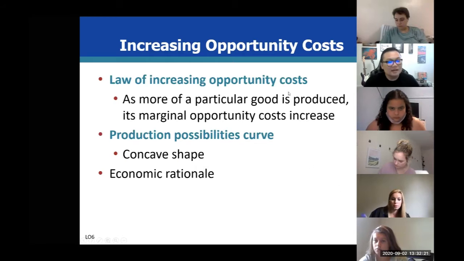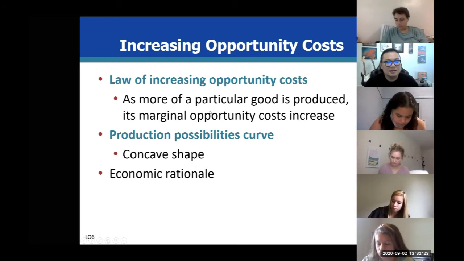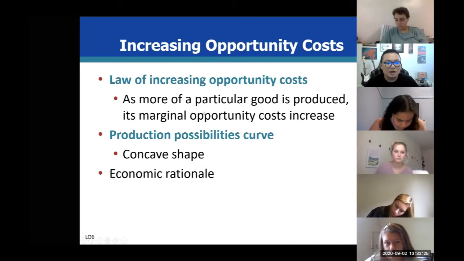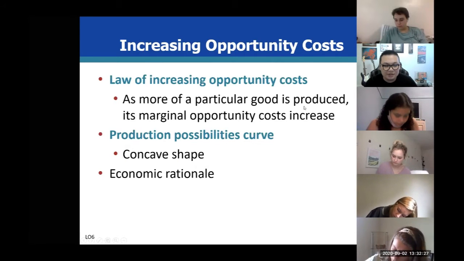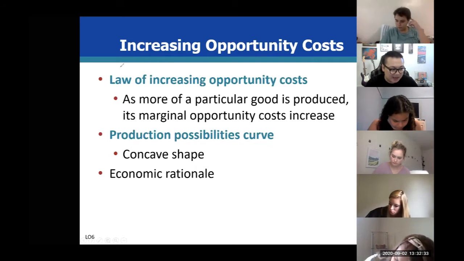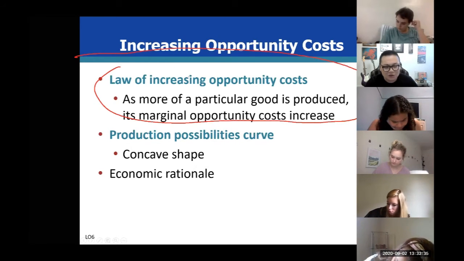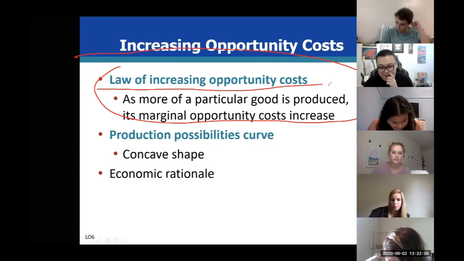And here, the increase of opportunity cost. The law of increasing opportunity cost: as more of a particular good is produced, the marginal opportunity cost is going to increase. This may sound a little hard to understand right now, but you are not required to understand this right now. We're going to talk about demand and supply in chapter 3.